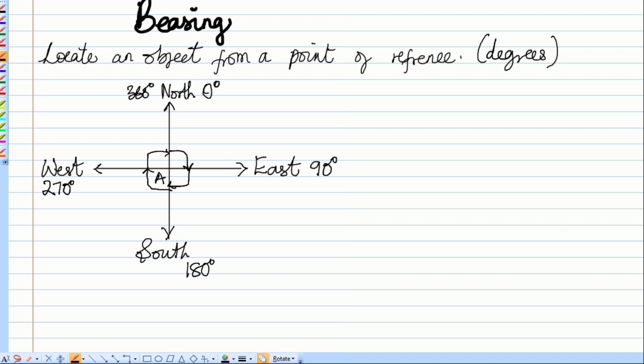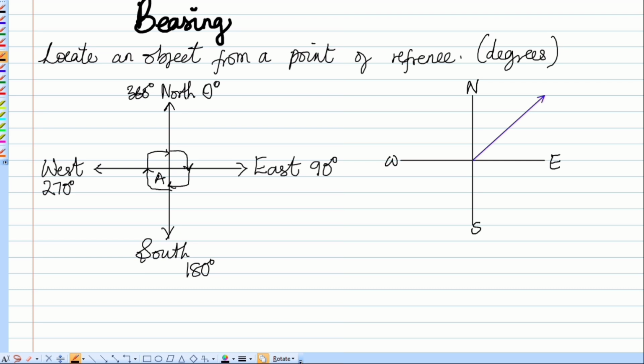Now, you might also decide to go not exactly north, not exactly south, but exactly in between. Let's say you decide to go in the northeast direction. Remember, this is the north, this is the east, this is the south, and this is the west.